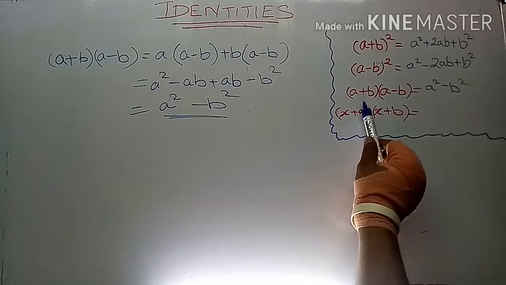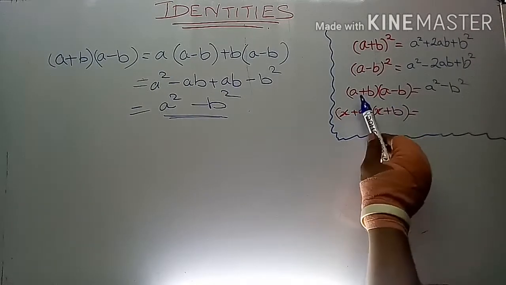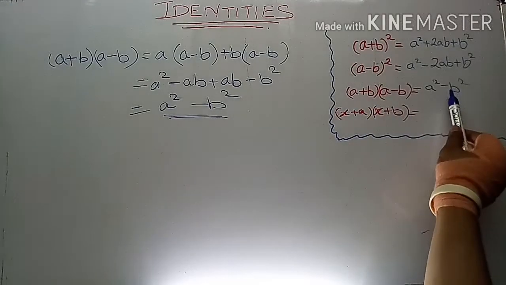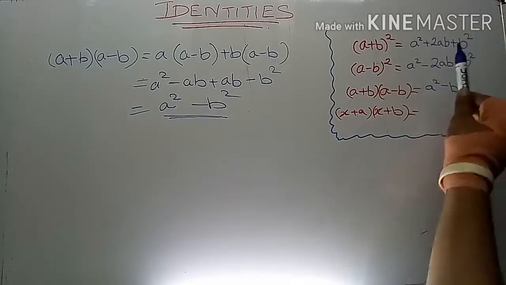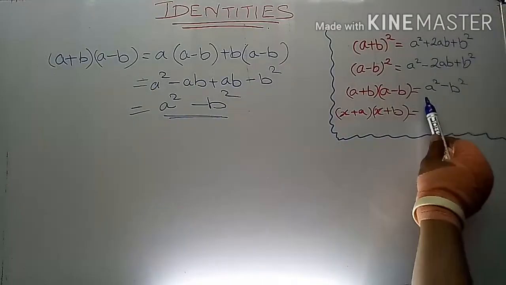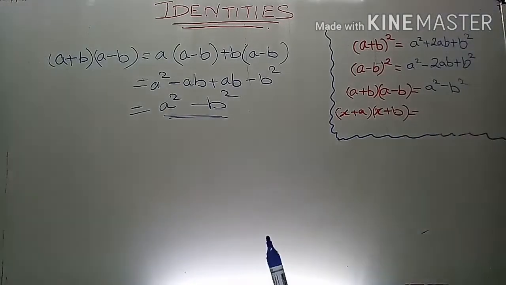In the identity a plus b into a minus b, the terms are the same, only the sign of the second term is opposite. So the middle terms cancel each other to become 0, minus ab and plus ab, and we have the first term square and the second term square.